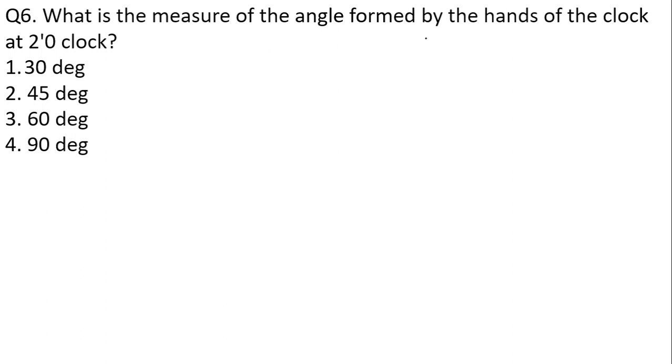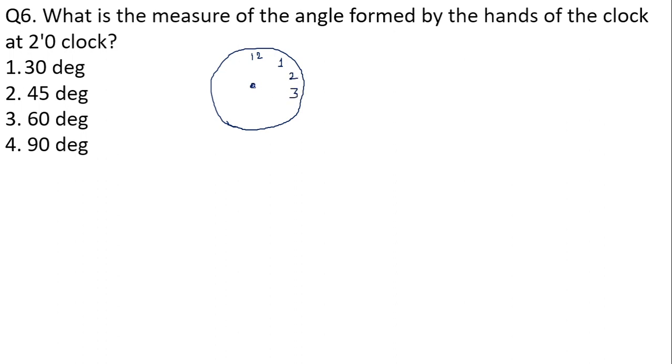What is the measure of angle formed by the hands of a clock at 2 o'clock? What does it mean? For example, this is a clock. This is 12 o'clock. This is 1 o'clock. For example, this is 2 o'clock. And this is 3.